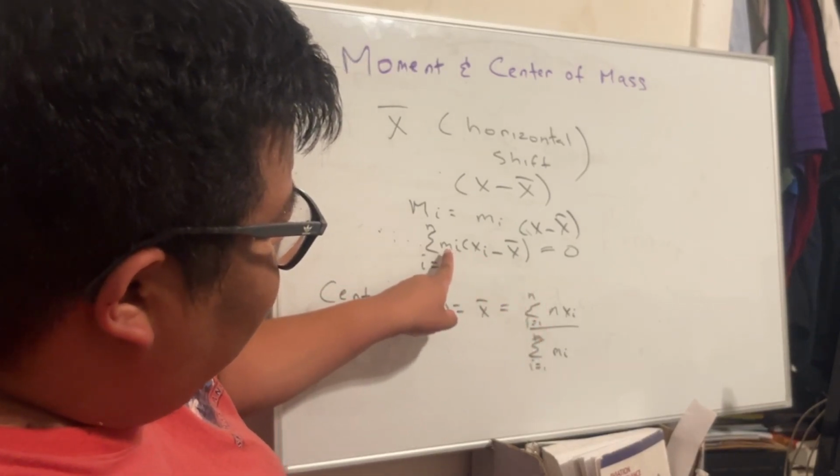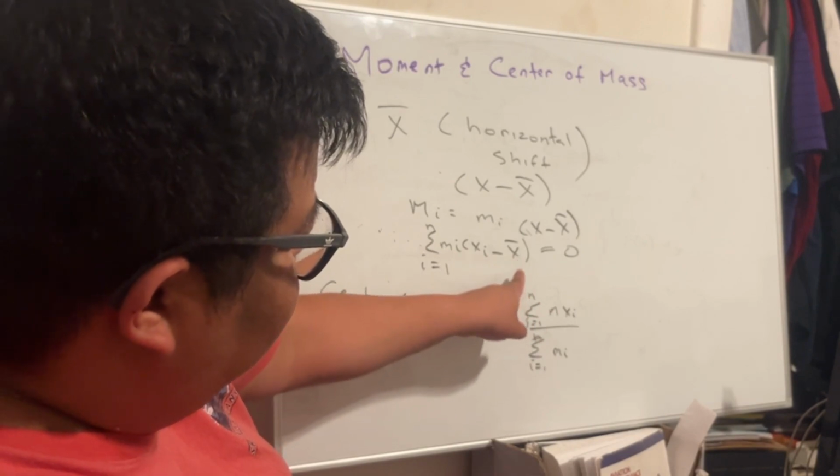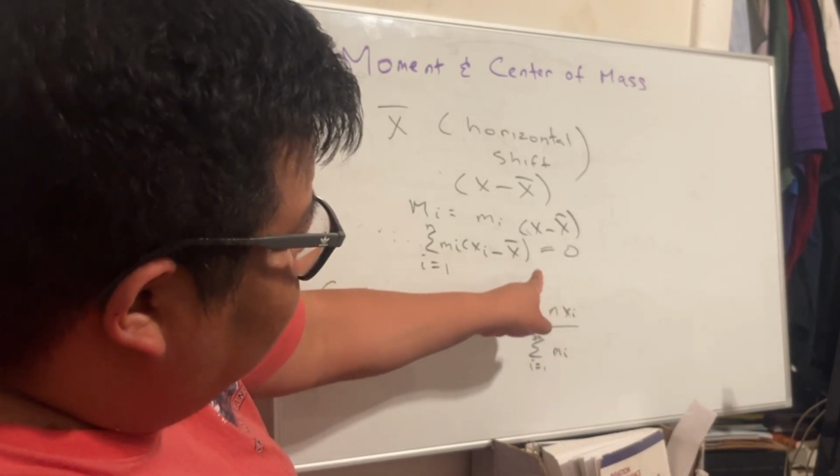Then we multiply mi times x bar and move it to the other side.